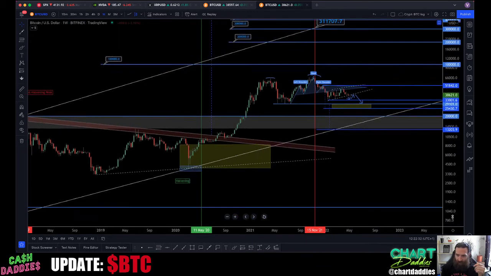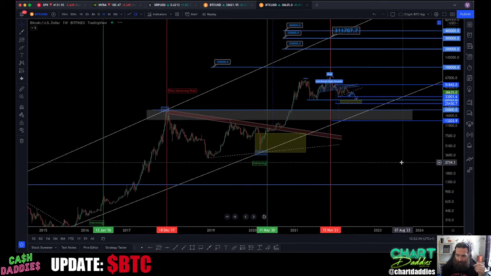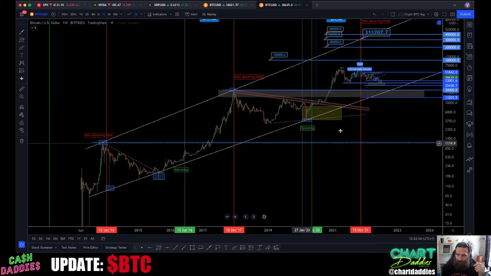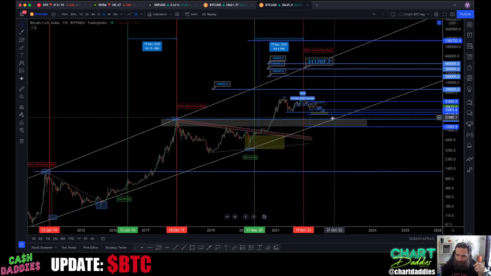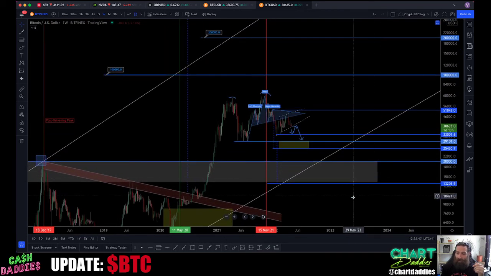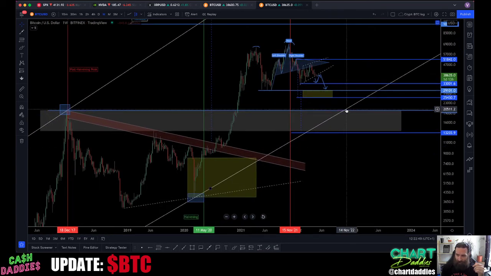And we do have this much longer term channel for all of Bitcoin's lifetime, right? Interestingly, the support of that channel, which is a trend line, coincides with 20K right here.